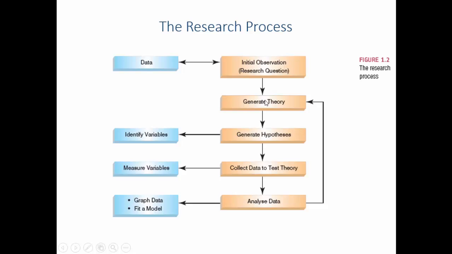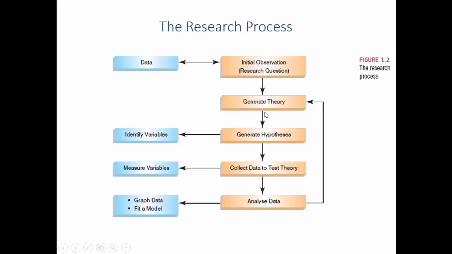Any good scientific theory is going to make at least one specific prediction, and really it should make a bunch of predictions. The relationship between a theory and a hypothesis is that a theory is a broad explanation, a broad causal explanation. It should lead to multiple, more specific hypotheses about what we should be able to see in a certain situation, for example.